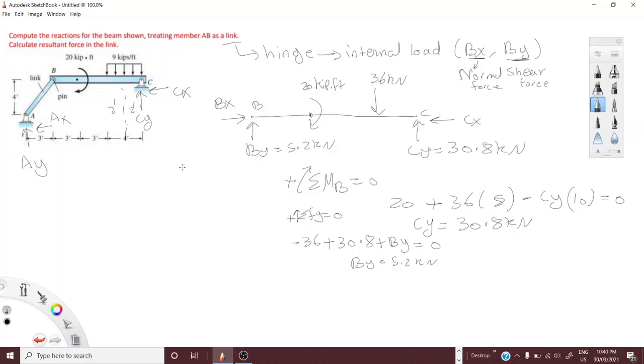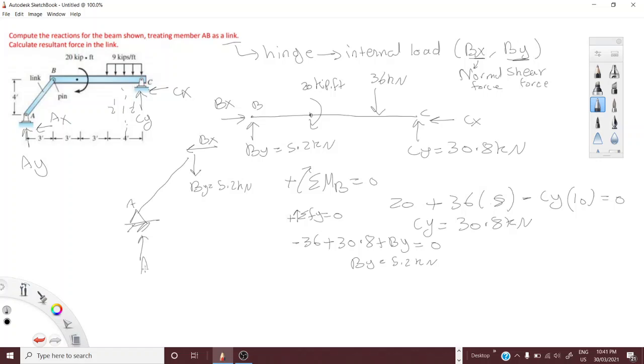The other part is a link that connects AB to the other side, so it's upward here and it will be downward there. By will be 5.2 kilonewton, and Bx to the right will be Bx to the left.